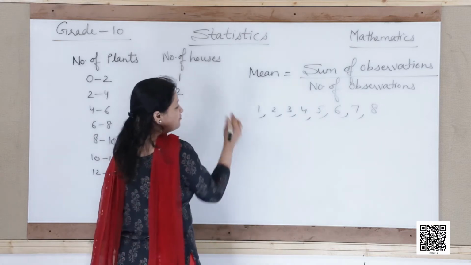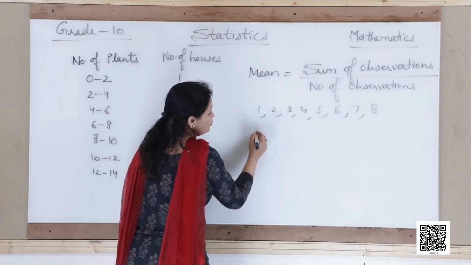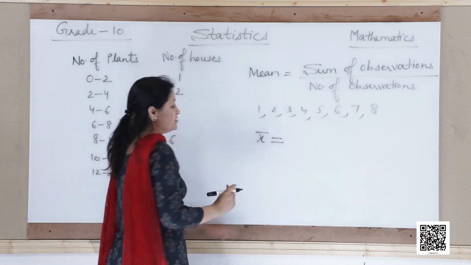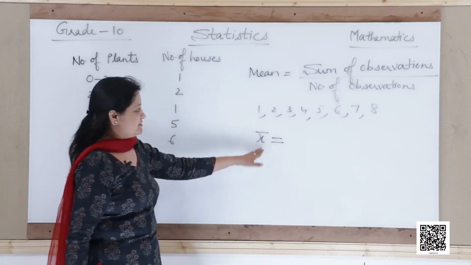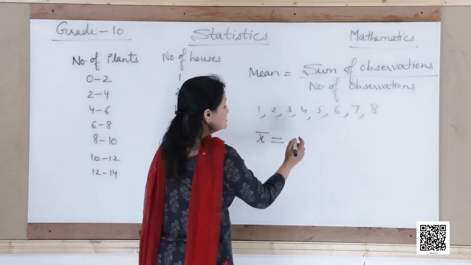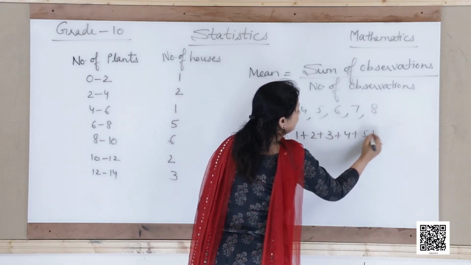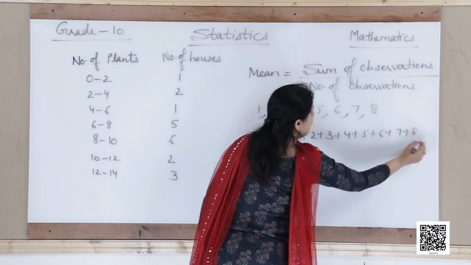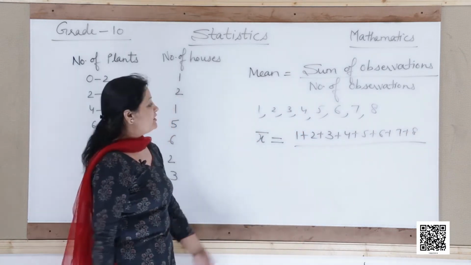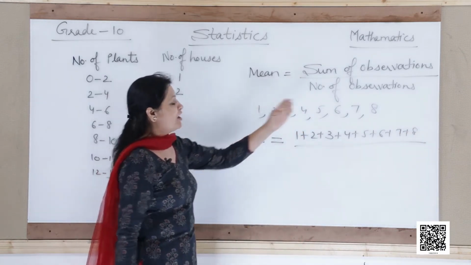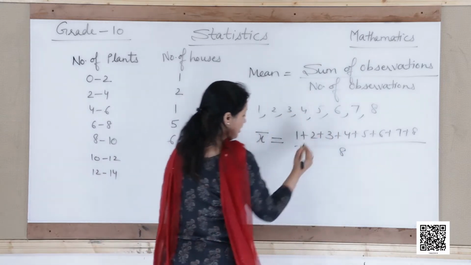Also, the notation of mean, we can write down x bar. This also you have done in 9th class. Sum of observations means you have to add all these numbers 1, 2, 3, 4, 5, 6, 7 and 8, upon number of observations, which means how many numbers are there. 1 to 8, total 8 numbers are there.